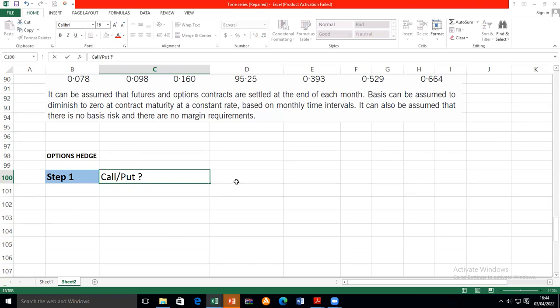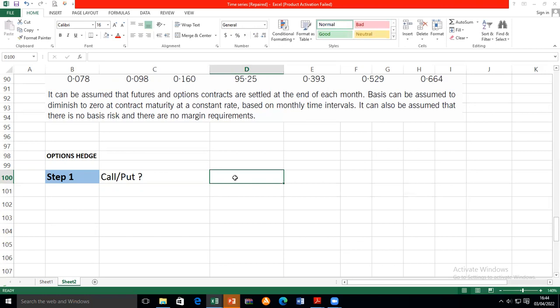What is the answer? An investor does what? When you're investing, what do you do? You buy bonds. So here, what option do you need? A call option.